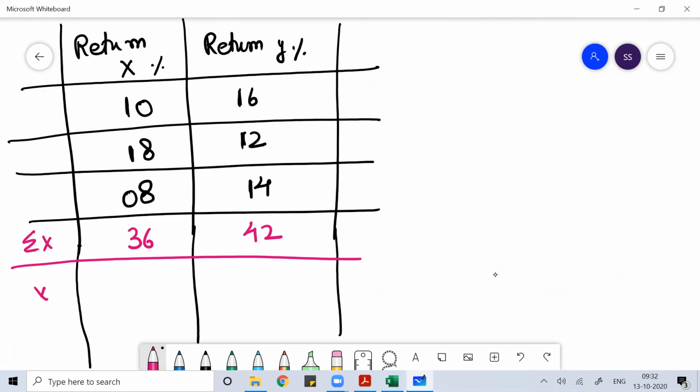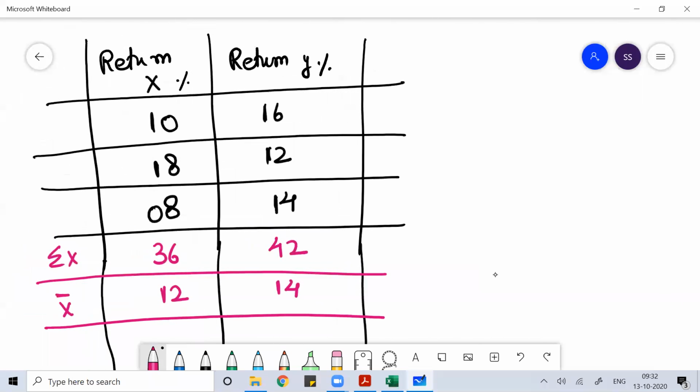So I can find the average. The average is 36 by 3, which is 12. Here the average is 14. This is the average return. The sum is 28 plus 8, which is 36, and here 28, 30, 42 is correct.